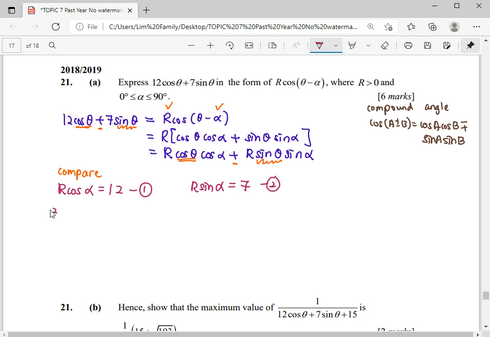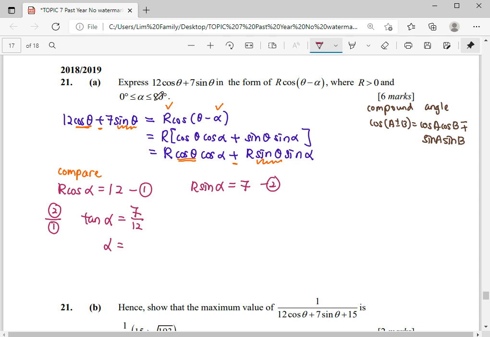It means I take equation 2 divided by equation 1. R divided by R cancels off. Sine alpha divided by cos alpha equals tangent alpha. Then what about the value? The value here will be 7 over 12. Then for alpha, we just shift tangent to find out our alpha.